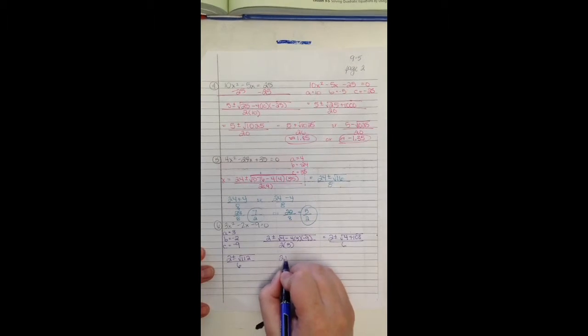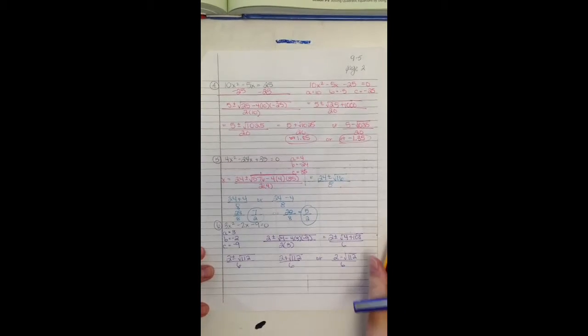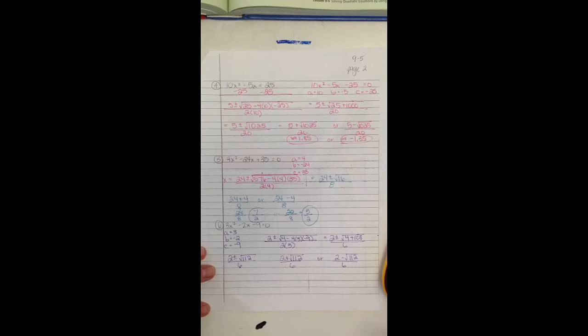So I'm going to say 2 plus the square root of 112 over 6, or 2 minus the square root of 112 over 6. Now let's try that in our calculator. So 2 plus the square root of 112 gives me 12.58 and so on, divided by 6. So I get an approximate answer of 2.10.